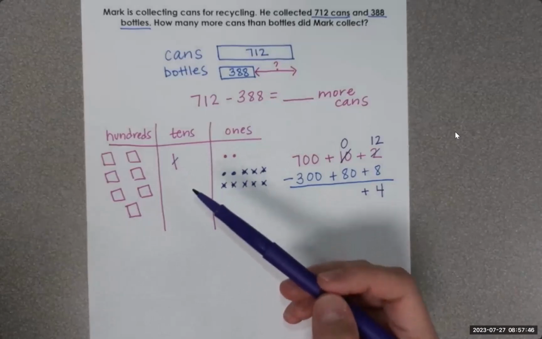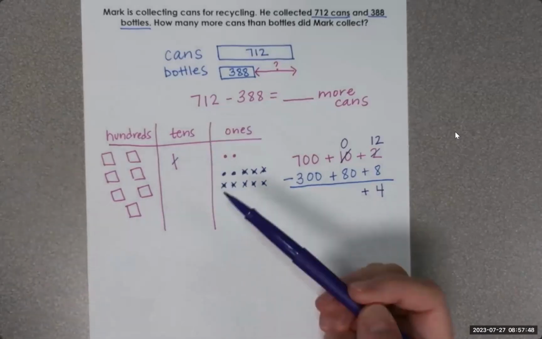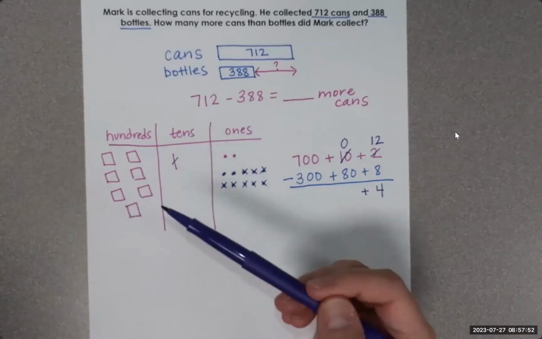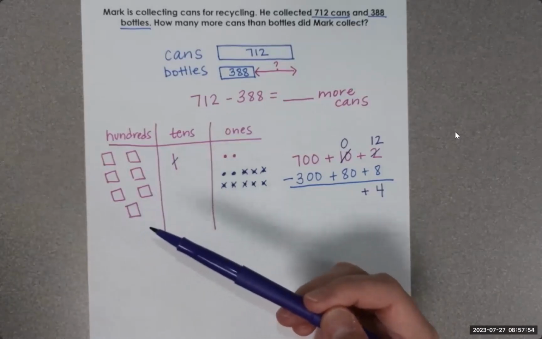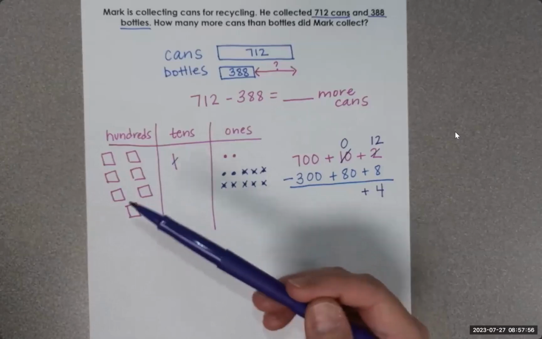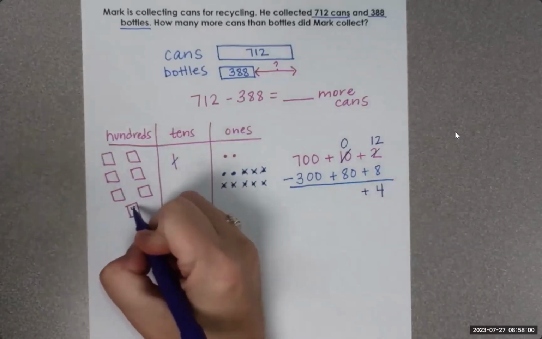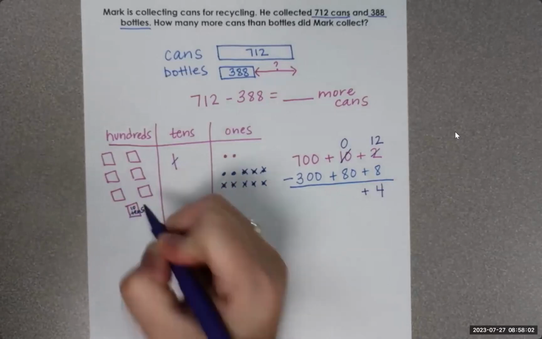However, there is another way that I can represent the same value by exchanging one of my hundreds. So this is where that flexibility with representing numbers is so important. Remember, this 100 has the same value as 10 tens.